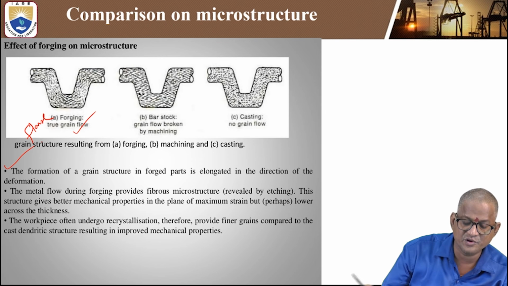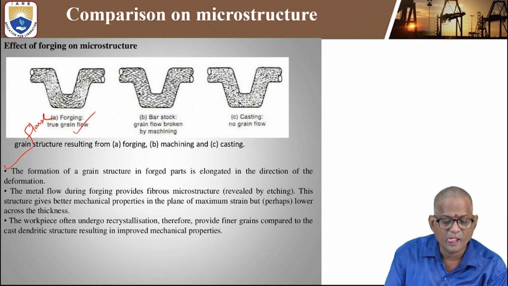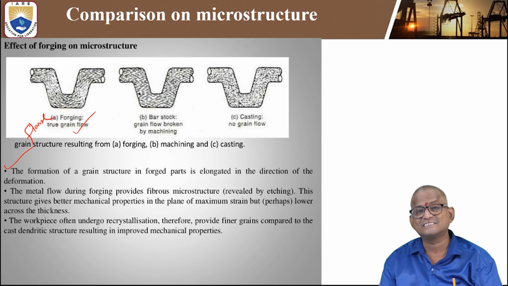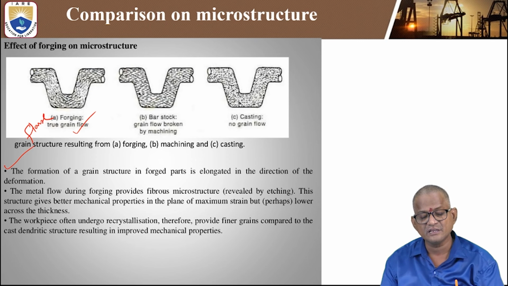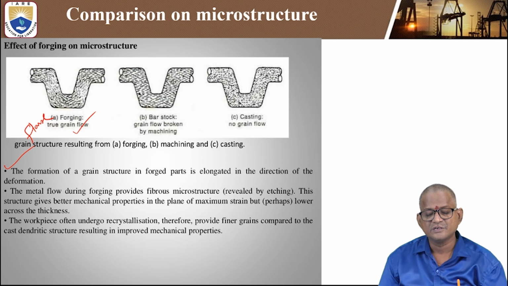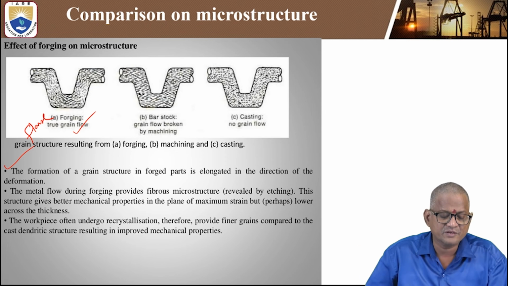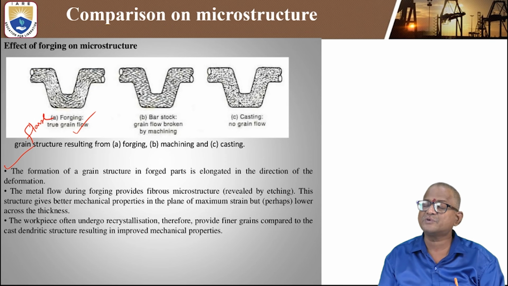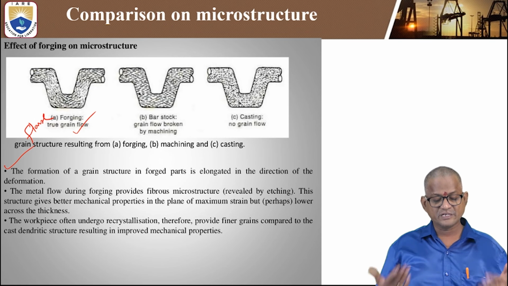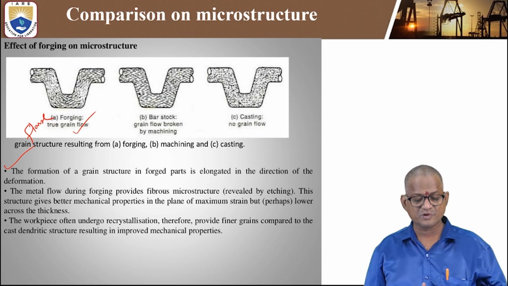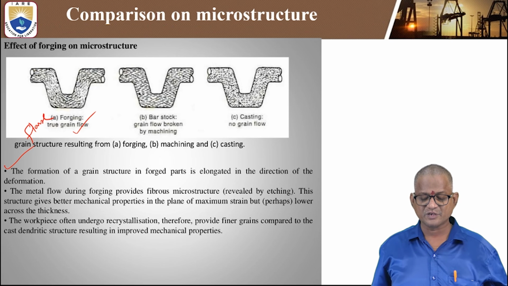The first and foremost important point is the formation of grain structure in forged parts, which is elongated in the direction of deformation. The second important point is that the metal flow during forging provides fibrous microstructures.